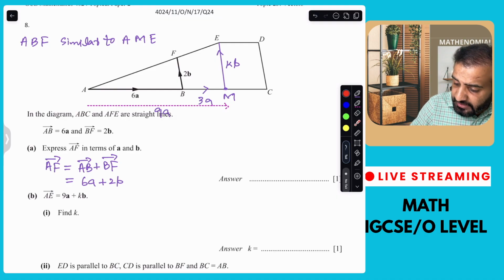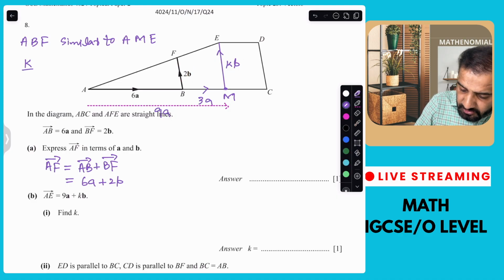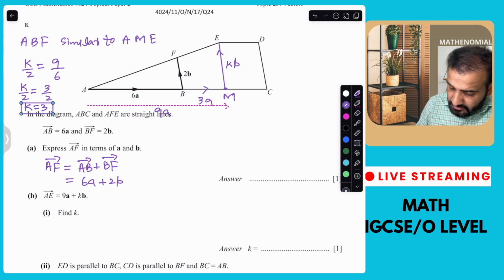We actually want to find this k, so b will cancel. Simply divide k over 2, the scale factor, is equal to this bigger one, 9, over this smaller one, 6. So 9 over 6. So k over 2 is equal to 3 over 2. So k is equal to 3. Agree or not? So that's it. k will be 3.